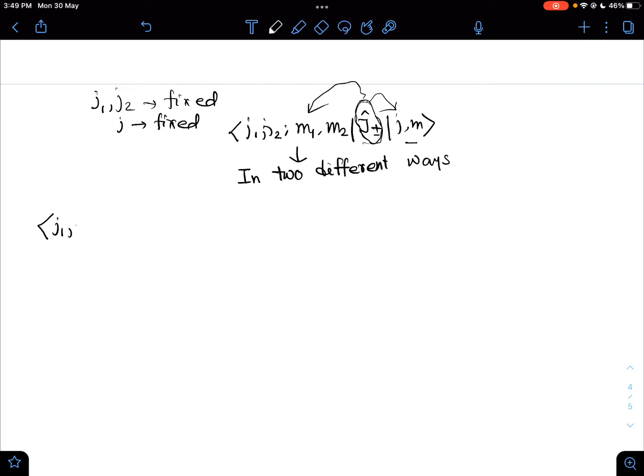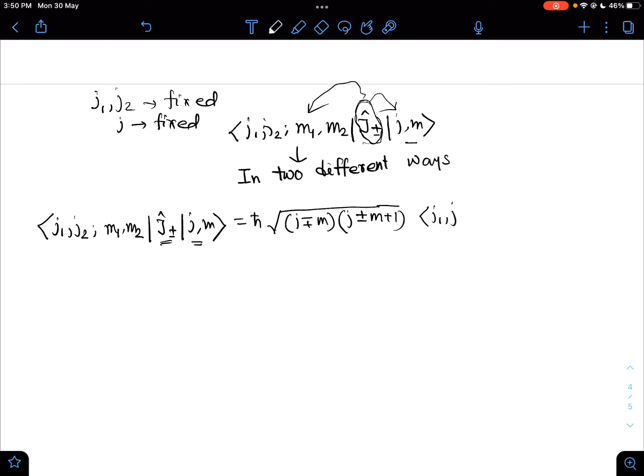We have ⟨J1, J2, M1, M2| J± |J, M⟩. If this acts on this, we will have the value ħ root under (J ∓ M)(J ± M + 1). The bra state will remain as it is, M1, M2, but the ket state will have the value |J, M ± 1⟩.